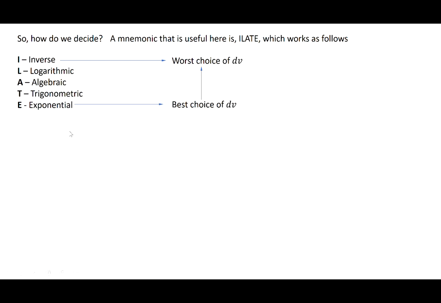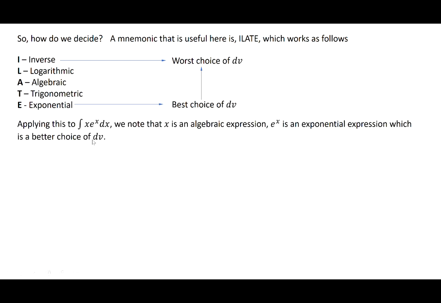Now let me explain that in terms of our example. Integral x e to the x dx has x in it, which is an algebraic expression. Would you agree? And e to the x is an exponential expression. So, according to this scheme, which one is a better dv? Exponential is a better dv.